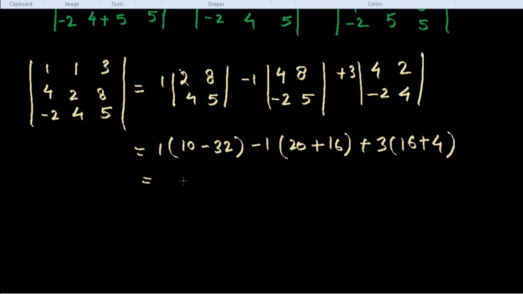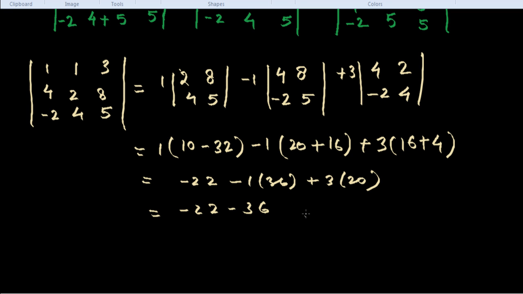So here minus 22, minus 1 into 36, plus 3 into 20. So we get minus 22 minus 36 plus 60. We get minus 58 plus 60. So we get the value 2. This is the value of the first determinant.